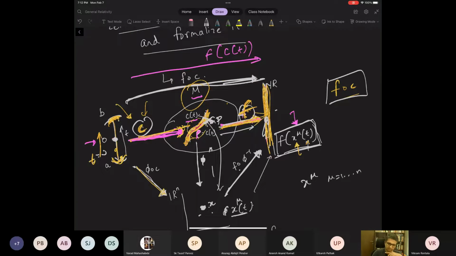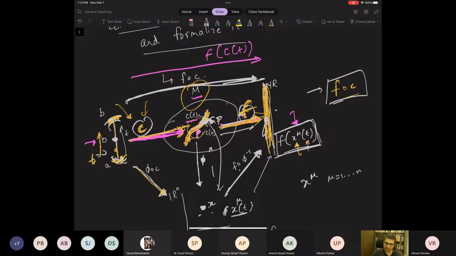That is, we want to define the derivative of f of C(t), that is this f circle C, which is a map from the open interval (a, b) to real numbers. But it's a derivative along the curve. So this is a map from real numbers to real numbers, and if we differentiate it, we'll get a value.